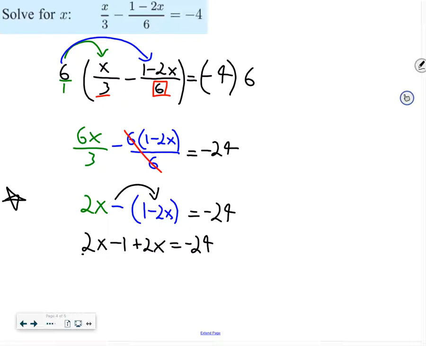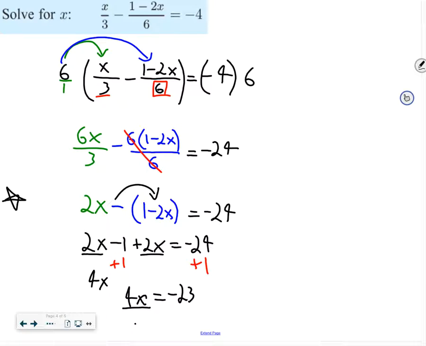So 2x and 2x is going to give me 4x, okay, and then I'm going to make sure that I add 1 on this side to undo that minusing 1, and I'm going to add 1 on this side. Okay, so what I'm going to get here is 4x is equal to negative 23.